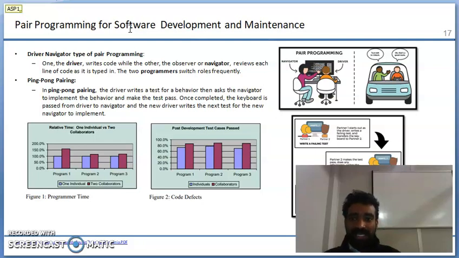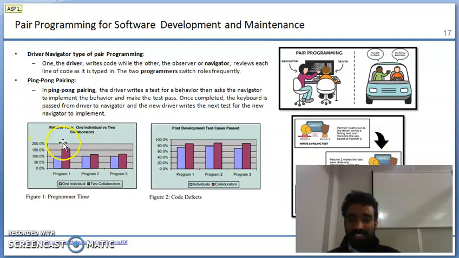There are the driver and navigator roles, as you can see from this picture, wherein one programmer types a program and the other helps him navigate things. And coming to ping pong programming, wherein he comes up with the solution, goes to the senior developer, who verifies it, and he comes back and works on it.